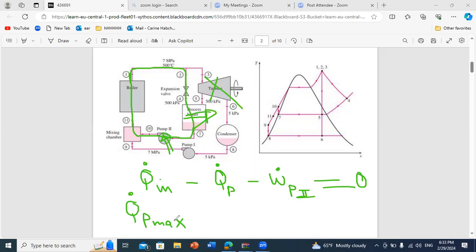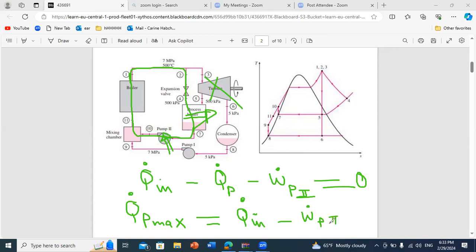We'll do it in the calculation. So here, Q dot process maximum is equal to Q dot N minus W dot pump, okay?